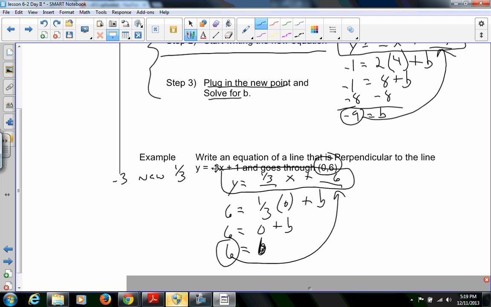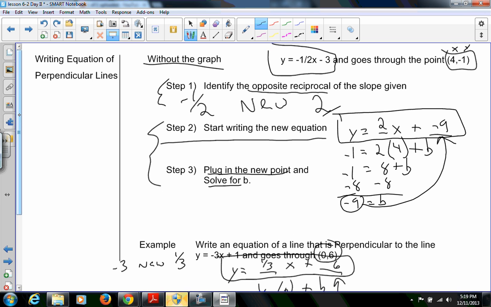Okay, so very much the same as what we were doing yesterday with our parallel lines, what we were doing Wednesday with writing equations, only now we're adding in that added step of a perpendicular line and finding the opposite reciprocal. All right, so that is your steps and your ways that you're going to find the perpendicular line to a given line.